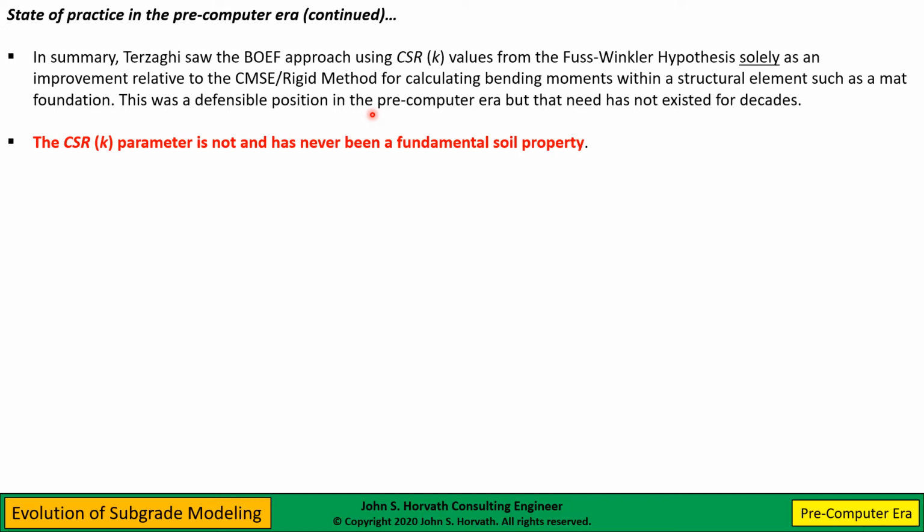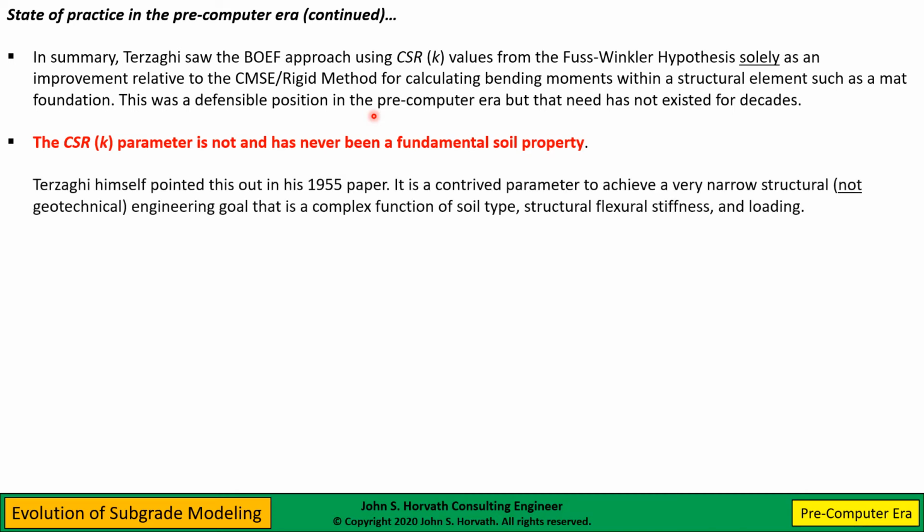Again, coefficient of subgrade reaction has never been a fundamental soil property. It's the unicorn of foundation engineering. It's a waste of time to go trying to relate it to soil properties. And Terzaghi himself pointed this out. It's a contrived parameter for a structural engineering goal, not a geotechnical goal.